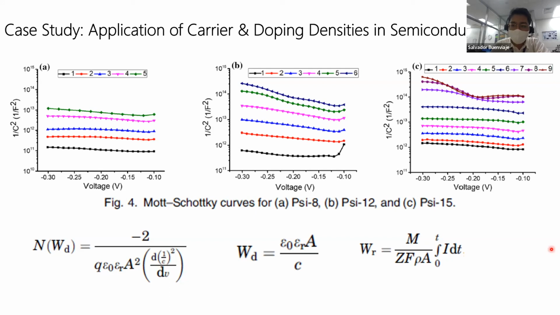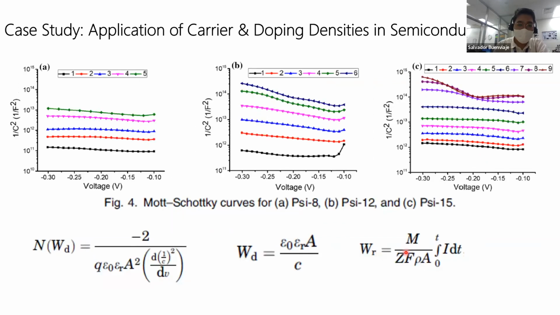So the results of the CV test for the 8%, this is the 12%, and this is the 15% doped silicon, did not reach the junction diffusion depth since the slopes of the line of the adjacent steps were not equal.